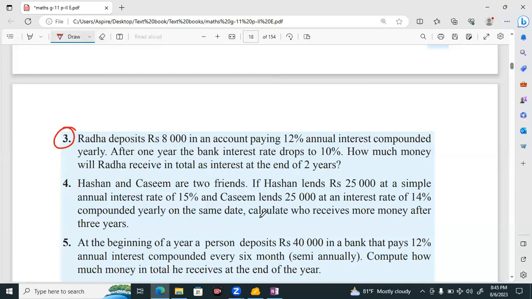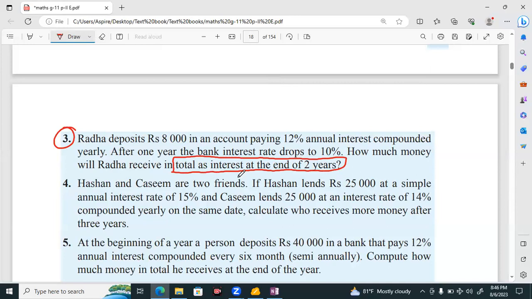This asks for the total interest at the end of two years. Not only the money, we have to find the interest. So this asks about the interest.